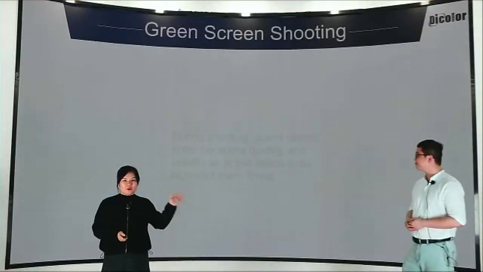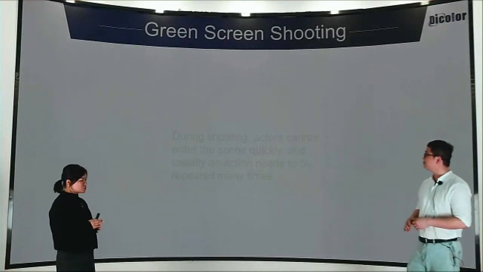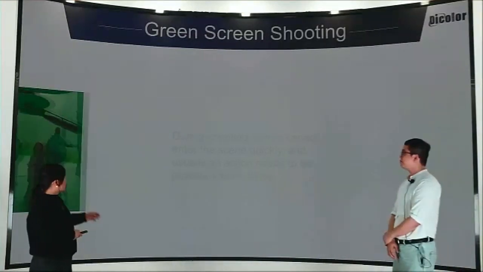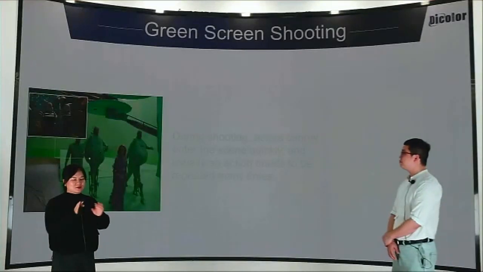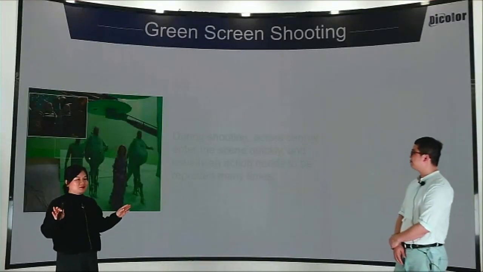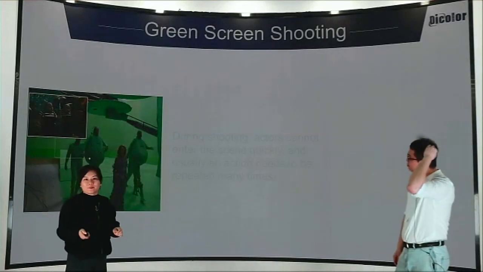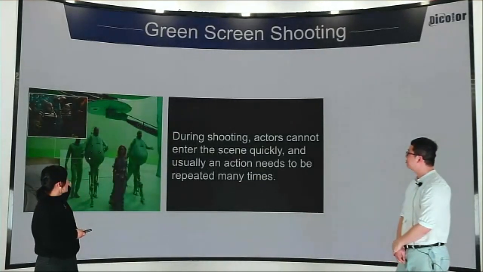So the first one: traditional shooting is called green screen. Why green screen? You can see the photo. The actors can just stand there with all screens, actually not screens, maybe some cloth, right? The screen is faked.